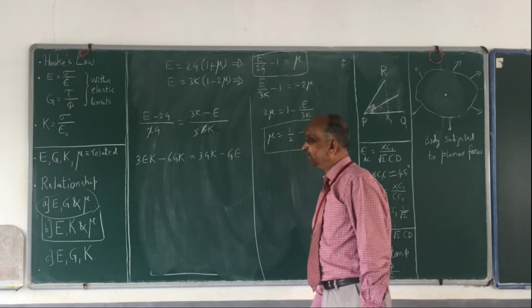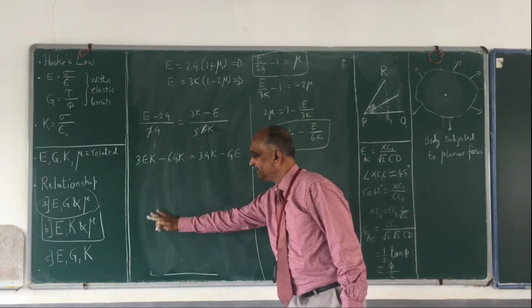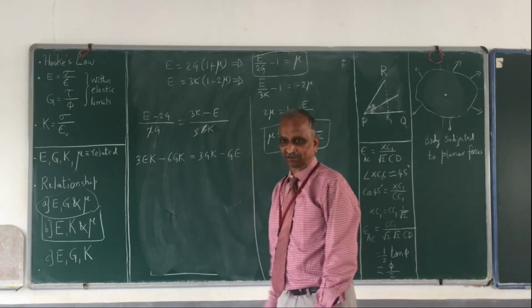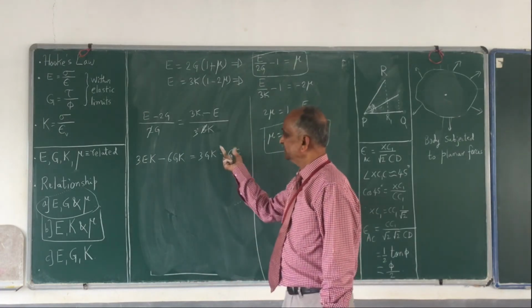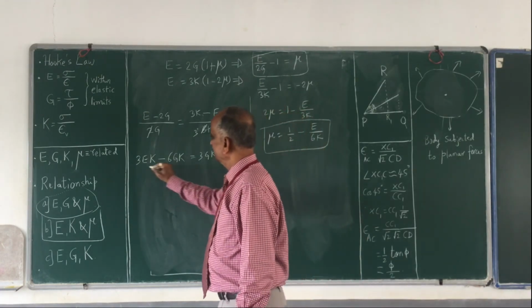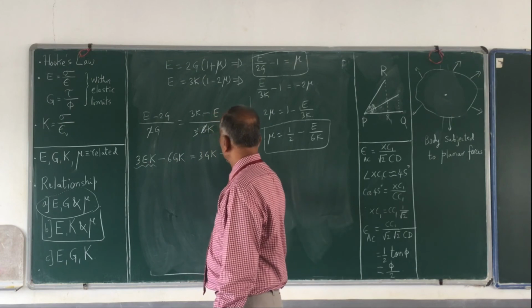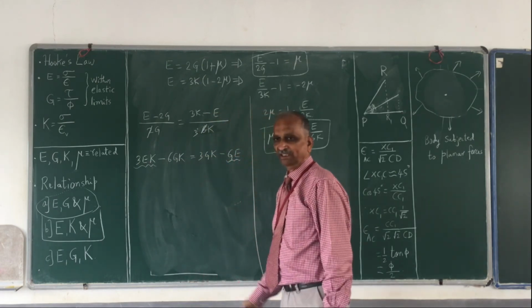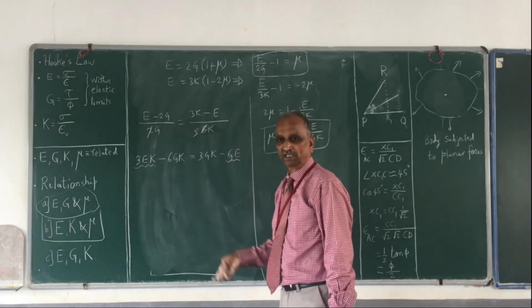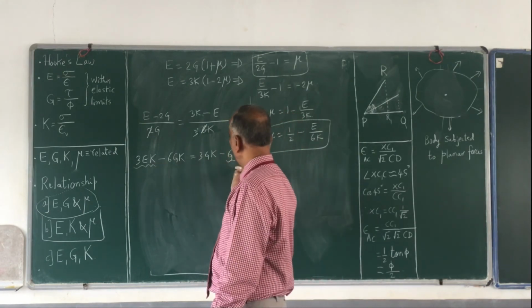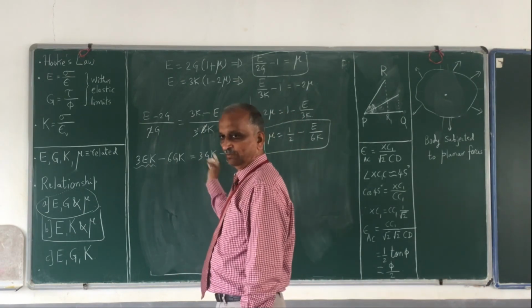I would like to take all E terms. I would like to write the final relationship. E is equal to what? Therefore this GE and this term I shall have on one side. Anyway, this is GK, this also is GK. So this is 3KE plus GE plus GE.